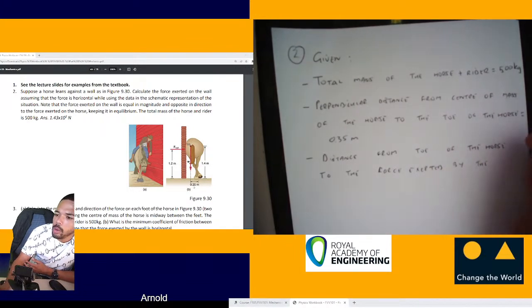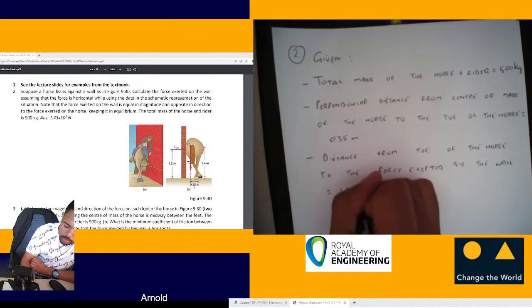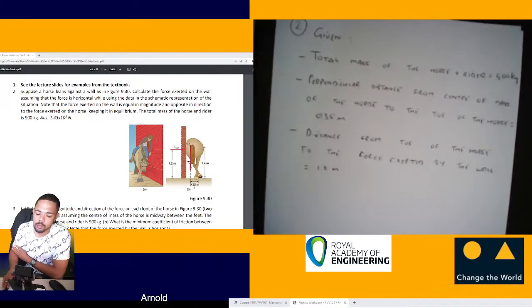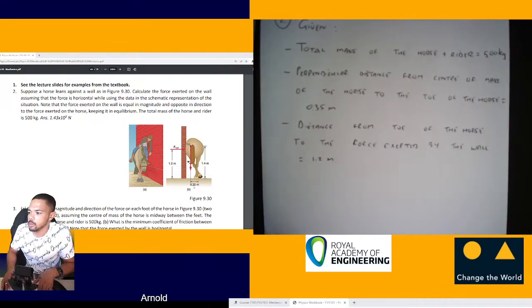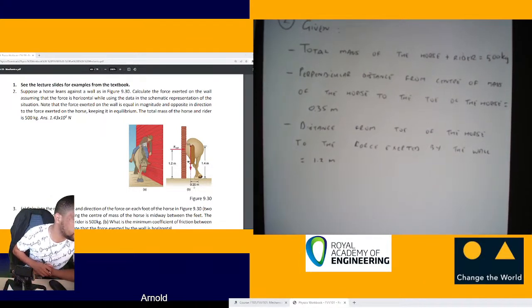It's that 1.2 meters. Now I didn't need to write all of this in. You could have just read it off from the drawing, the schematic.